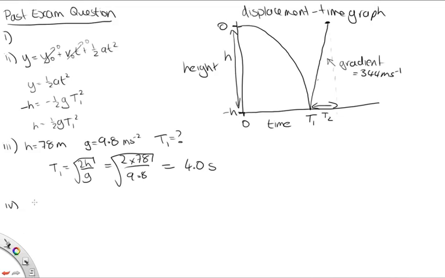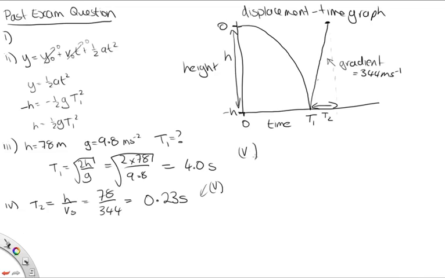So the time is just equal to h over the velocity. So that's 78 over 344, which gives us 0.23 seconds. Okay, part 6, sorry, this was part 5.